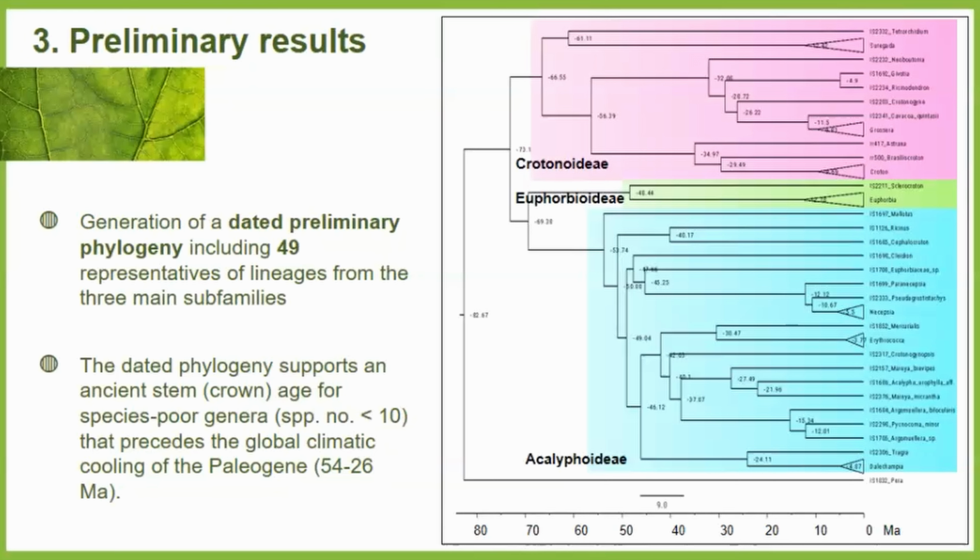What was really interesting to see is that most of the really small to medium genera, so 10 species or less, have their crown ages before the cooling of the Paleogene. And you will see why that is really interesting.